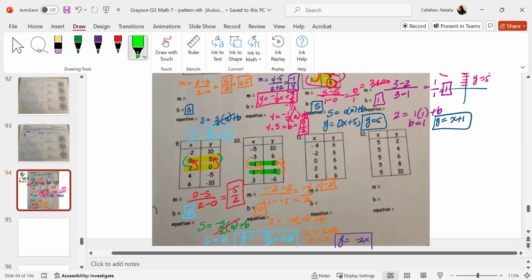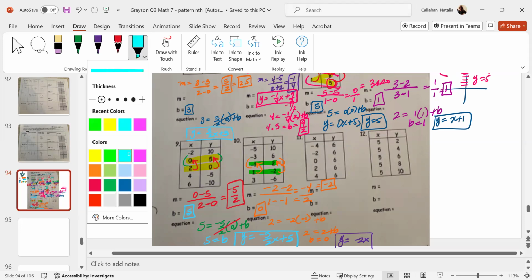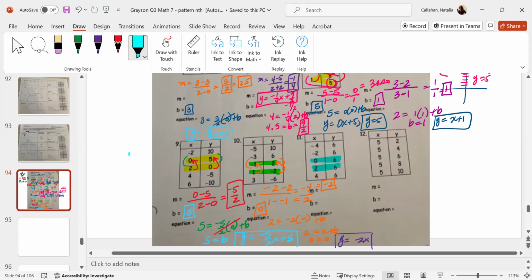So let's go ahead and take a look at this. For number 11, I'm going to use those 2 points. And what you should have here, remember, when you do this, it's 6 minus 6, 2 minus 0.